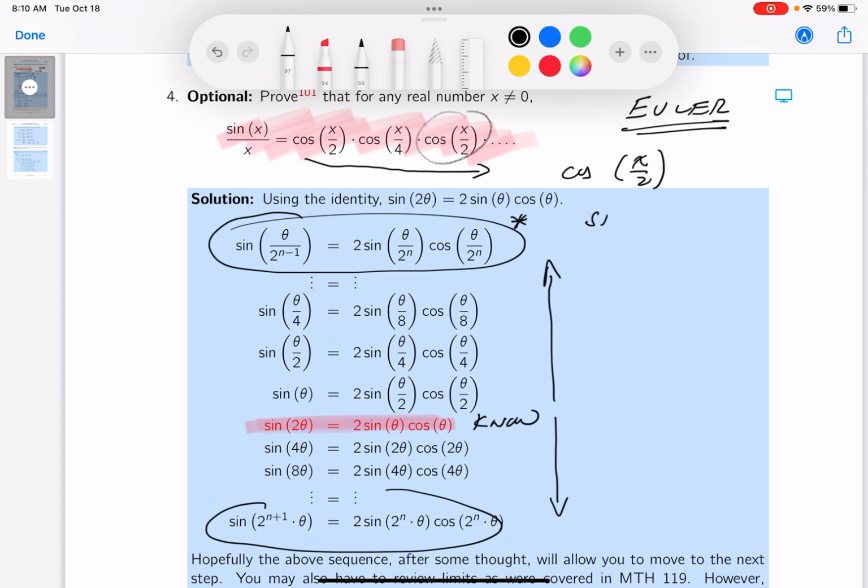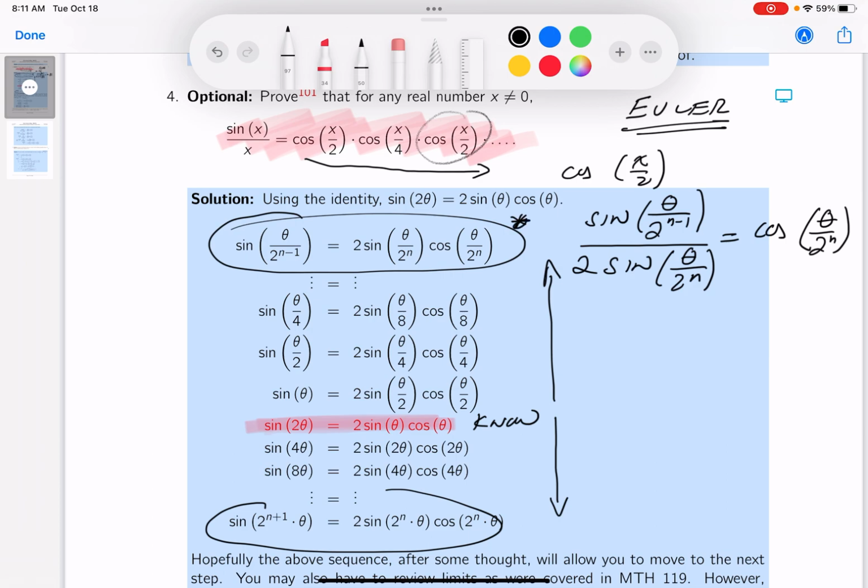So I'm seeing the sine of theta over 2 to the n minus 1 over 2 sine theta over 2 to the n, and this is equal to cosine of theta over 2 to the n. All right, I just use this relationship over here.